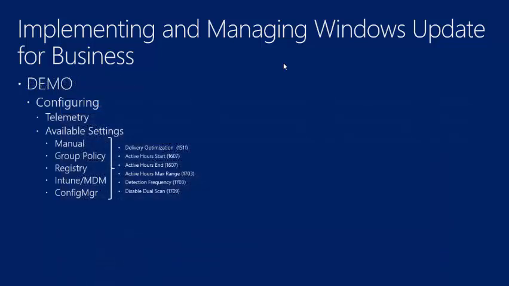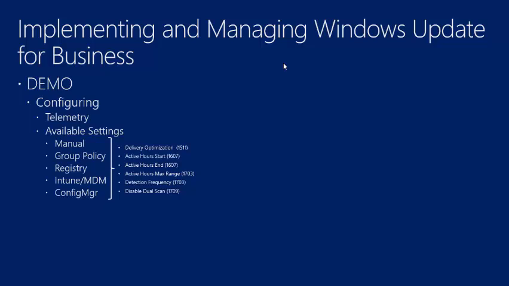So in terms of generic Windows Update or implementing Windows Update for Business, I want to walk through how you would do that. And there's really two broad areas that we'll talk about. First is telemetry, because we do need to have telemetry enabled in order to have the system be able to work with the Windows Update for Business acquisition of updates and so on, right?